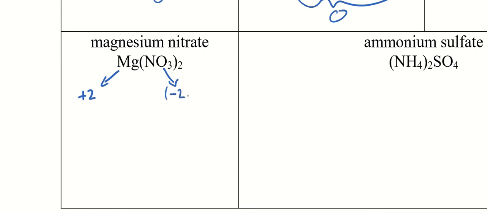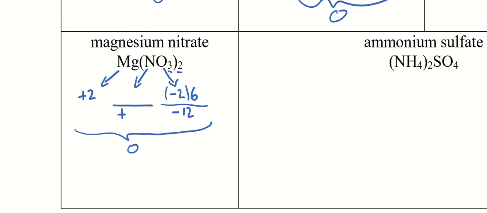-2 oxidation state. Now, how many oxygens are there in magnesium nitrate? We can say that it is 3 times 2. So we multiply by 6, giving us an overall -12 here. Now, since we know that the overall oxidation state of a compound must be 0, the nitrogen must contribute +10, so that the +2 and the +10 will give you +12, which will cancel off the -12.